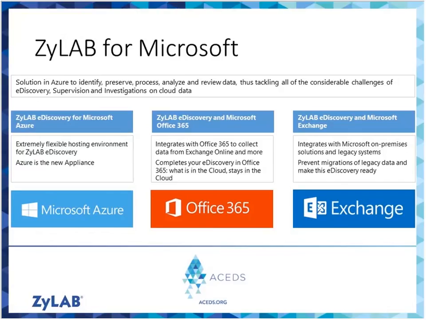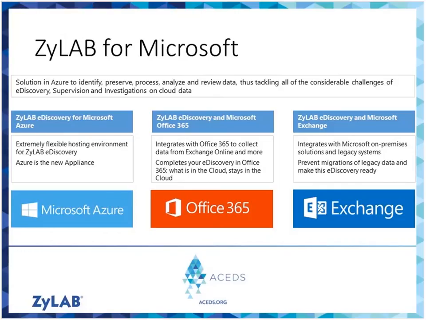Now, what I would like to do is talk about 3 topics. The first topic is how we can deal with this data wave by using the Microsoft Azure architecture. Then I want to show how we can integrate with 365 and also how we can integrate with the on-premises Exchange and other situations.